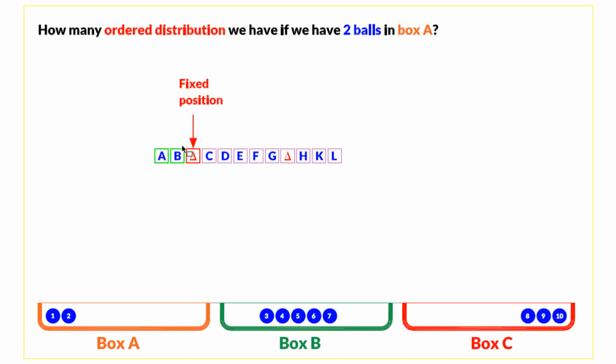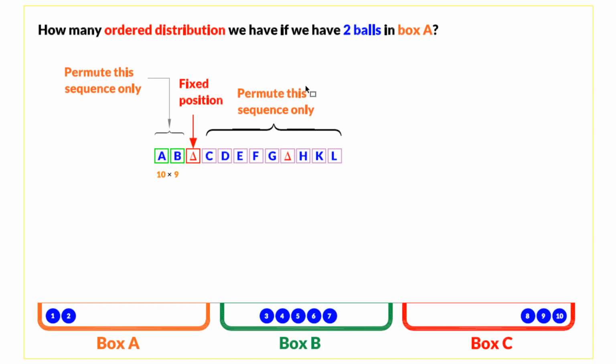So let us permute this sequence in order to know the number of ways we can choose 2 balls in box A. So A can be chosen out of 10 balls, so A can be chosen in 10 ways, and B can be chosen in 9 ways. As for the sequence here, we have to permute it in order to know all possible distribution between box B and box C. So we permute the sequence only, and we have 9 objects in this distribution.